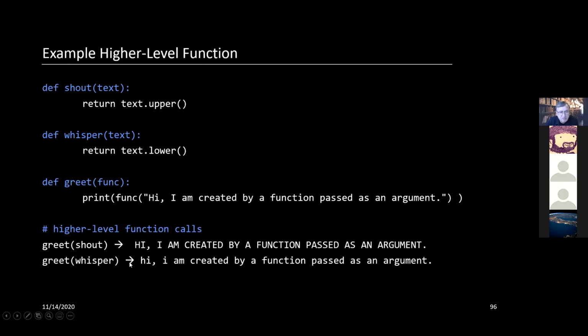If we give it function whisper, it does it lowercase. So again, this is just the general mechanism of how you pass a function, but the function can be pretty complex in terms of what it does. So that would make greet a higher order function.